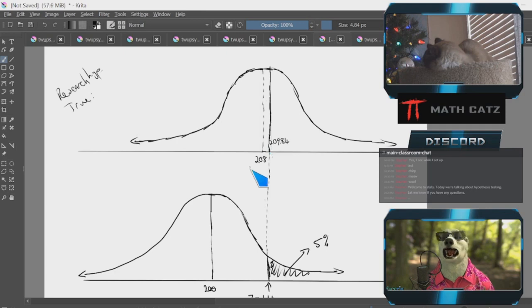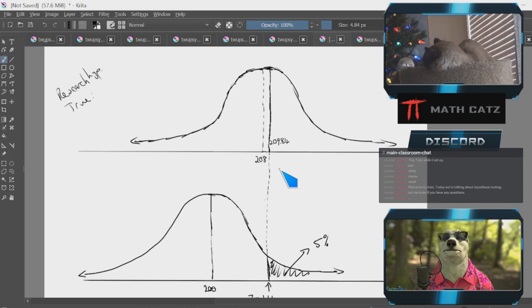I got a sample mean from that of 208. It's not my official study. I just did a quick little investigation, and that is still the best guess for the true population mean. If I now do my proper study with a large sample and everything is as big as I can make it to be as accurate as possible, I'm going to reject the null hypothesis if I get anything past 209.84.